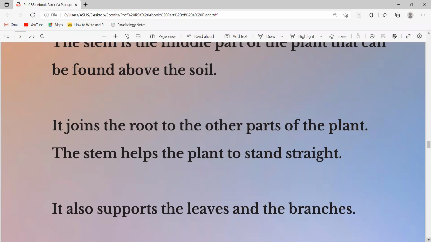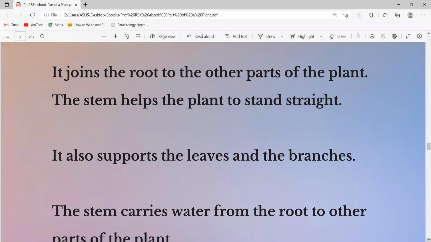It will need you to put a stick in the soil. We call it staking, to help the plant climb onto the other one. Others will climb on walls and other things that they find. So the purpose of the stem is to help the plant stand straight.